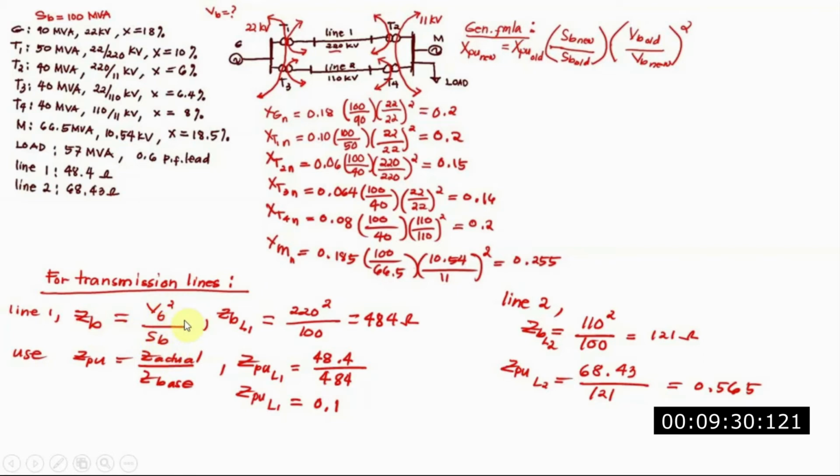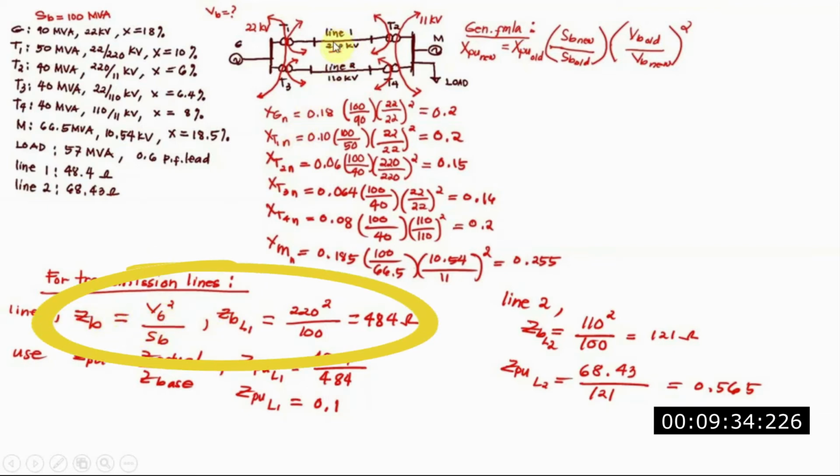We know that our voltage base in line 1 is 220 kV, so that will be the value squared divided by the apparent power base, which is 100 MVA for the whole system. So you divide the square of the voltage base by 100, and that will be 484 ohms.